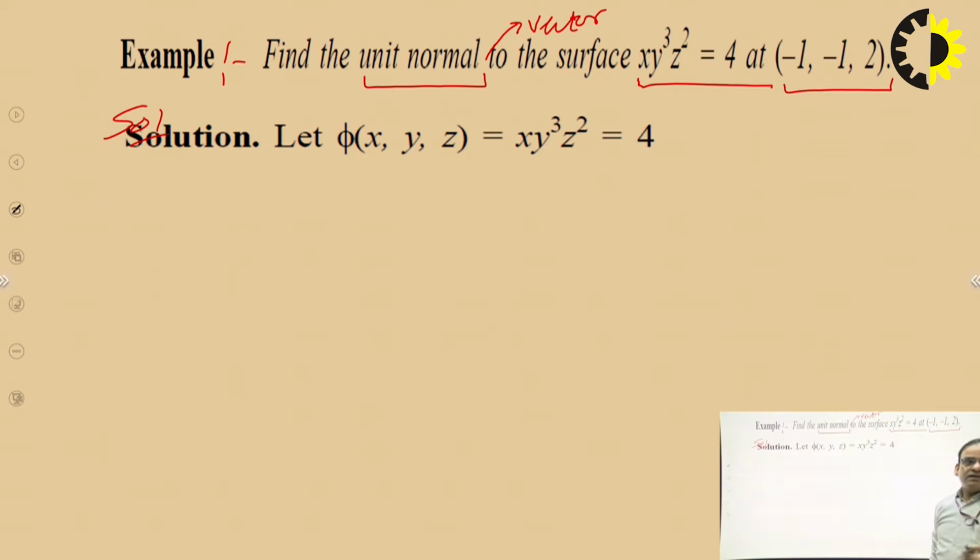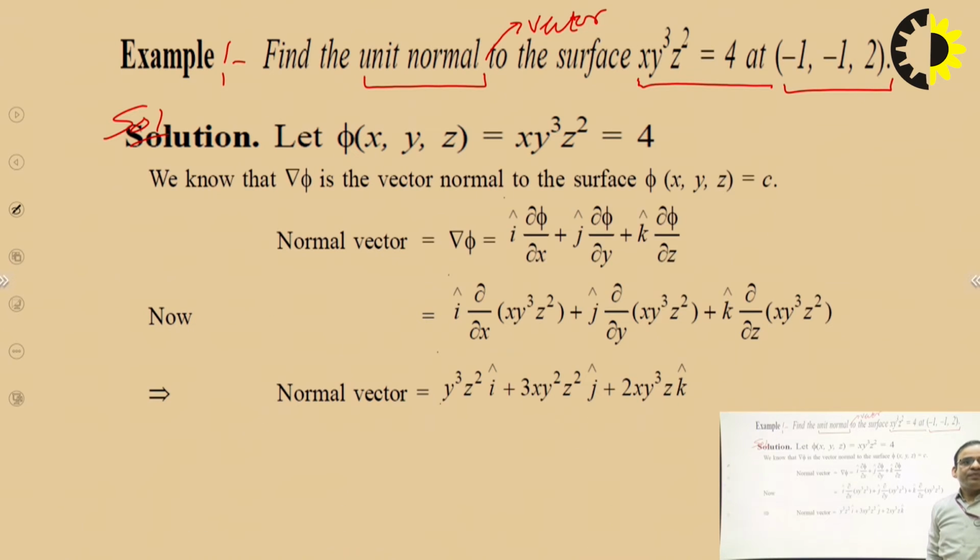So we write phi xyz equal to xy cube z square equal to 4. From the discussion we have done earlier, we know that del phi is the vector normal to the surface phi xyz equal to c.